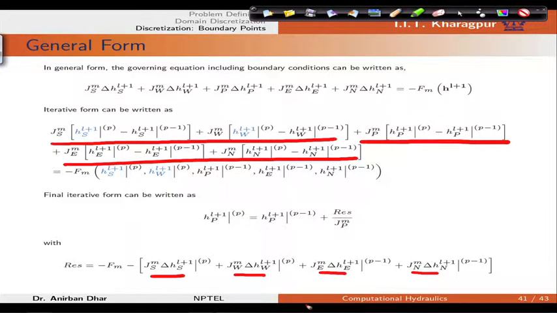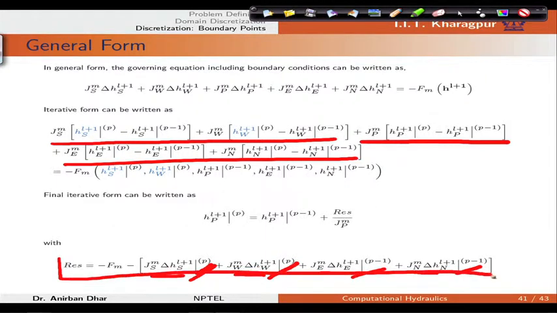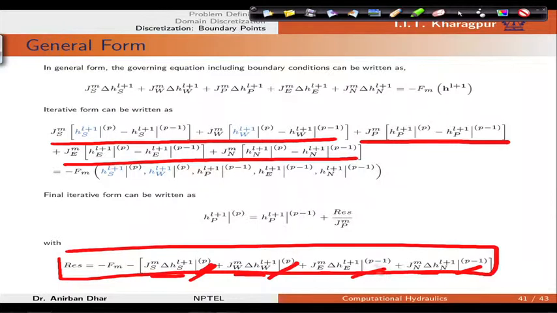Obviously, in this case it is the pth iteration value, it is itself available. So, I have written in terms of pth, and p minus 1 level values are available, that is why I have written in terms of p minus 1. So, I can calculate this residual and divide by JPM, that is directly coming from here. So, this is the iterative form.